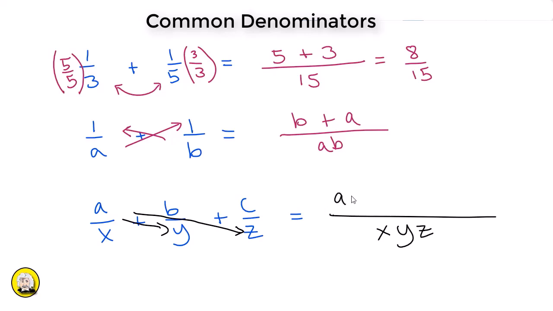So it becomes a times y times z plus b, then multiplied by the other denominators. For b, in this case, that's x and z, plus c times, the pattern is you multiply the other denominators, in this case x and y, and that will be the form of your final fraction summation. So recapping, it's the product of all the denominators, and then the summation of each numerator multiplied by the other denominators for your new numerator.